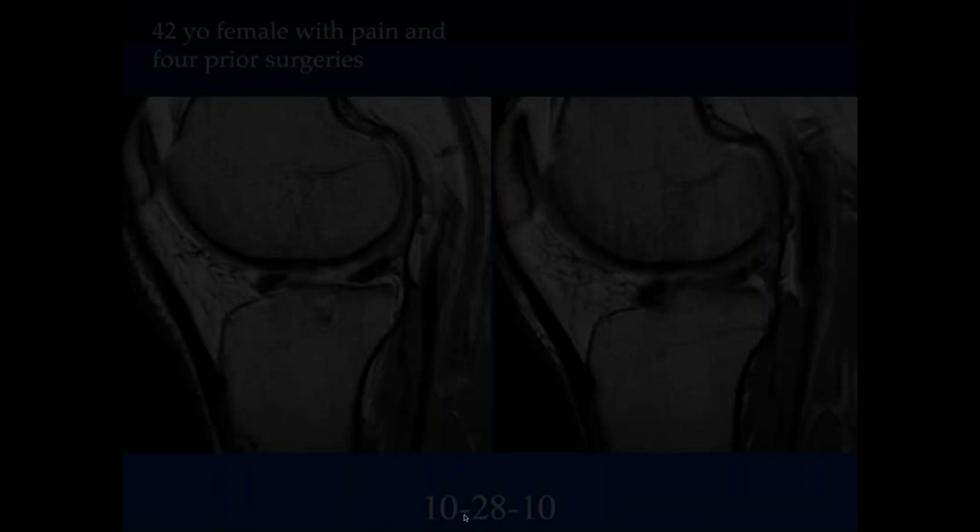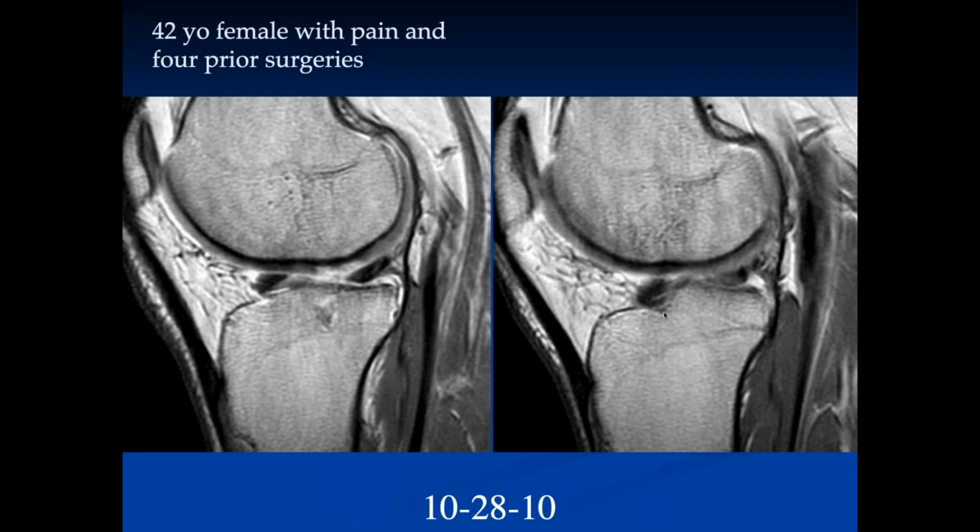I think this probably represents prior surgery. It doesn't quite approach fluid signal intensity, so she may have some scar tissue there along the posterior horn. You're talking about over in here? Kind of along the anterior aspect of the posterior horn. It's slightly irregular, and that could represent prior surgery.